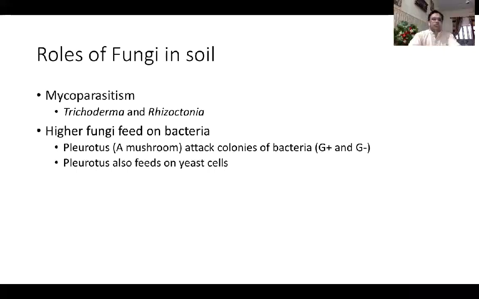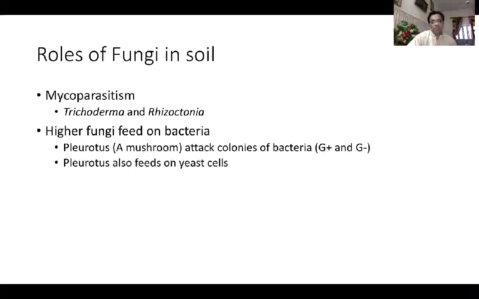Then the higher fungi have some role by feeding on bacteria. For example, Pleurotus is a mushroom that attacks colonies of bacteria. Pleurotus also feeds on yeast.